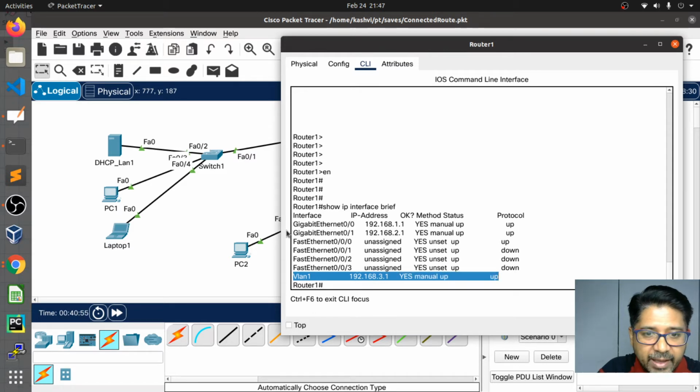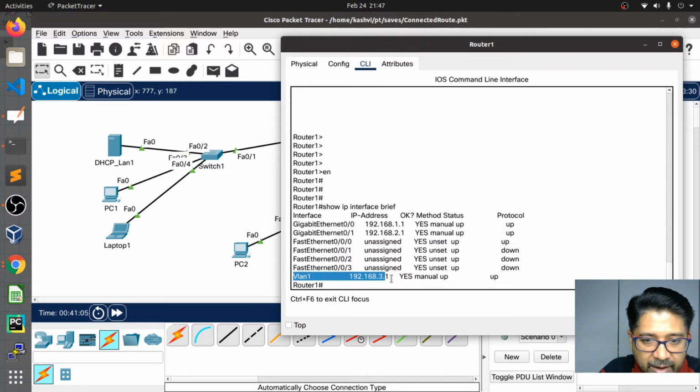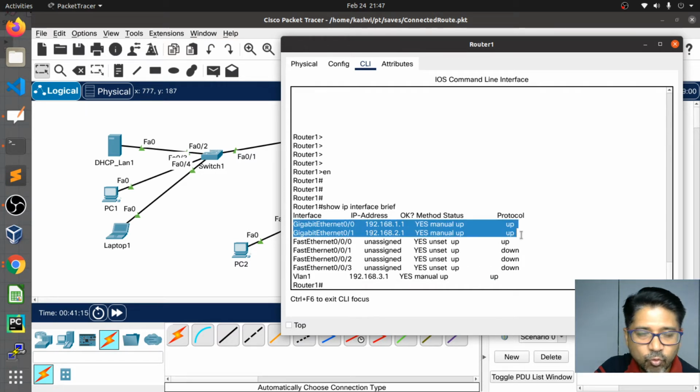FastEthernet 0/0/0 is only L2, and the L3 ones are the virtual LANs, which are assigned the IP. Always assign the IP on the L3 interface, and we have two built-in L3 interfaces because this is a router.